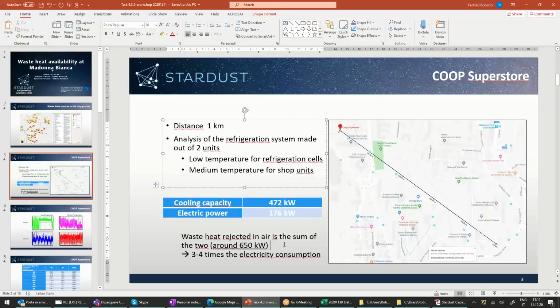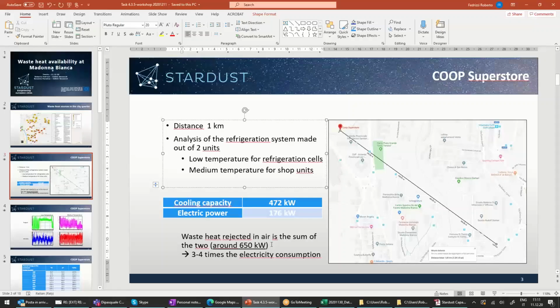180 kilowatts electricity consumption. If you have some basic know-how of how chillers work, basically the heat which is projected from the condenser into air normally is the sum of the cooling capacity and the electricity consumption, which in this case is in the range of 650 kilowatts.